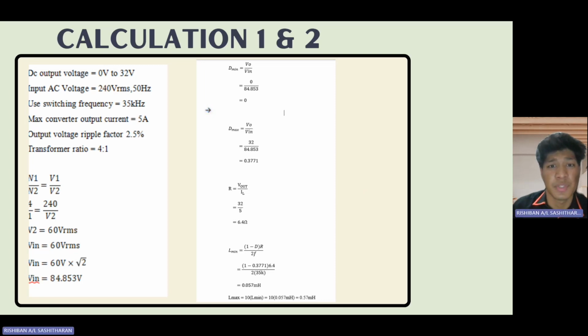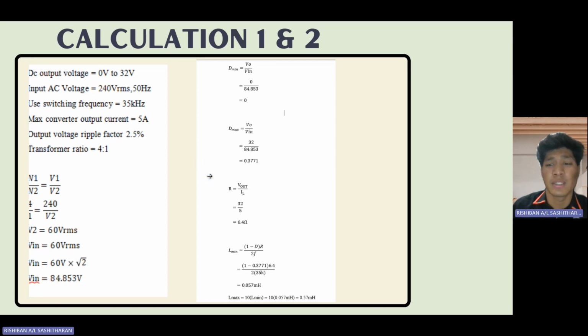The equation is VO over V in. As we know, the VO in the equation is 0, and we will get the 0 value for D min. And for D max, we know the value of VO is 32 volt, and we divide by 84.853, and our D is 0.3771.